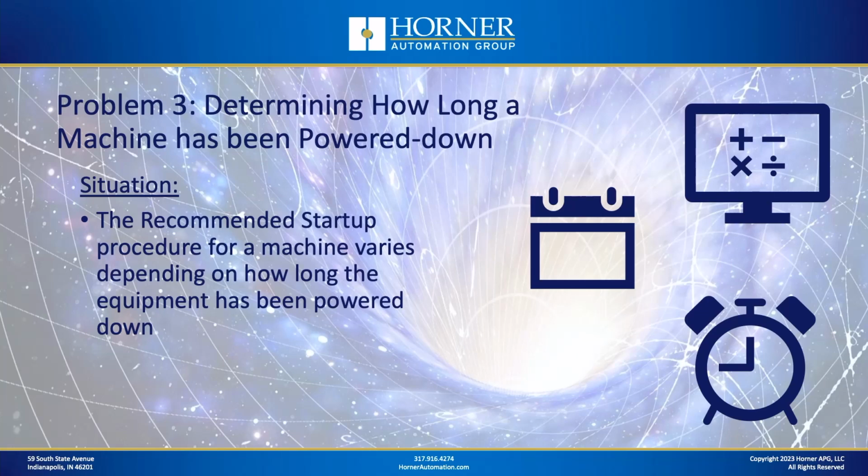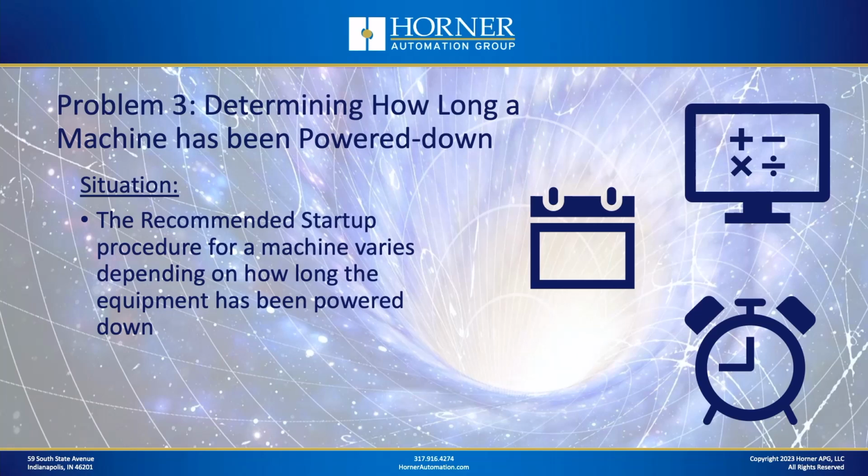Another example might be some sort of process. Maybe you've got a fairly complicated process going on, and if you lose power during that process, what you do with that machine control when you power back up is going to vary based on how long you were powered down. Maybe if it was just a brief glitch of a couple of seconds, you just pick right up where you left off.